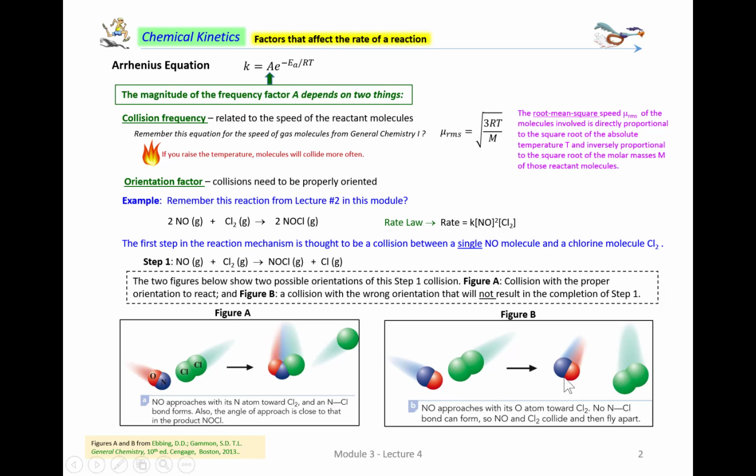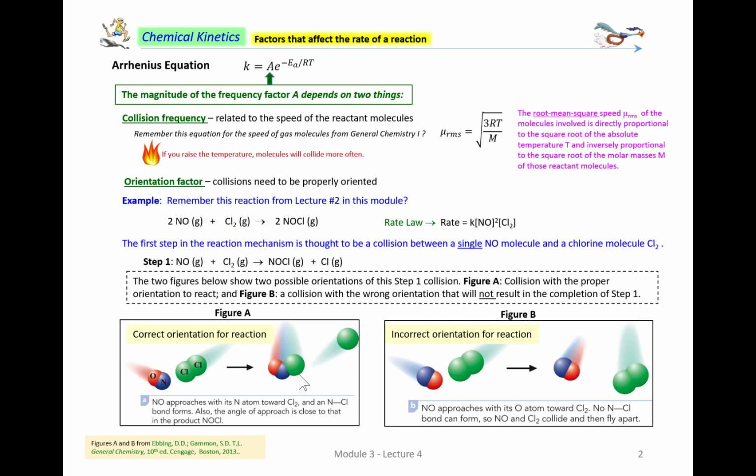They just bounce off each other and don't react. So they found each other. It's just that they collided in the wrong orientation. So we say in figure A, this is the correct orientation for reaction, and in figure B, this is the incorrect orientation for reaction.